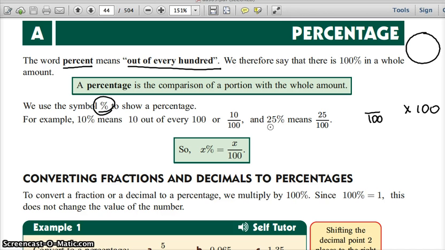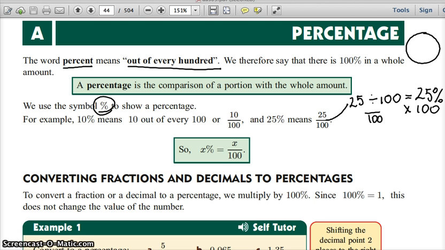So if we were to look at 25 out of 100, what does this sign look like on your calculator? It's a divide sign, isn't it? So if you were to do these buttons on your calculator, 2, 5, divide 1, 0, 0, it would hopefully give you 25%.